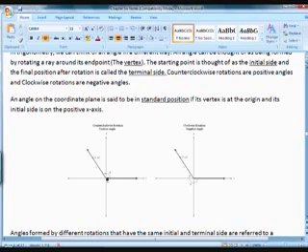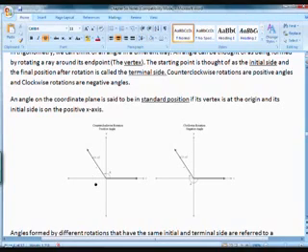This is standard position: your initial side, from what I just read, that's your starting point. The positive x-axis over here is what we're going to start as our initial side. If you rotate counterclockwise from there, those are positive angles. The positive y-axis will be 90 degrees, the negative x-axis will be 180 degrees, and today we're talking about angles bigger than 180.